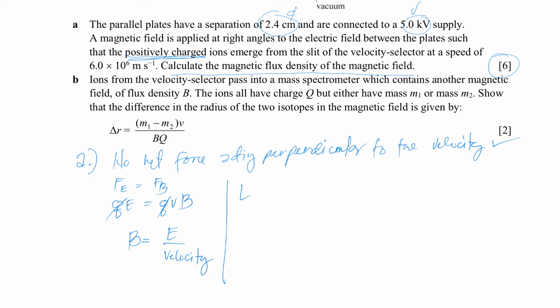We know the formula of electric field: it's voltage all over the distance. Then you can calculate the electric field, put it here, and the velocity is given. There's no problem calculating B. Without me doing the details, B is around 3.47 times 10 to the minus 2 Tesla, or roughly around 35 millitesla.